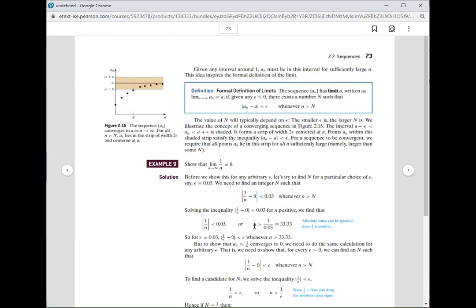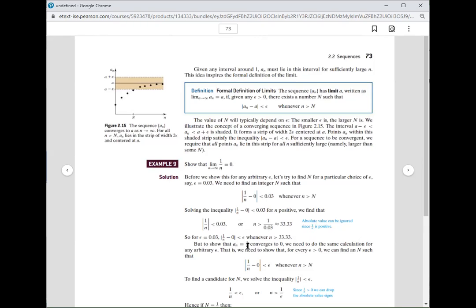Right? So by solving this for n positive, we find that we got this, right? So from here you can see this equals 33.33, right? So for epsilon 0.03, this holds whenever n is greater than 33.33.